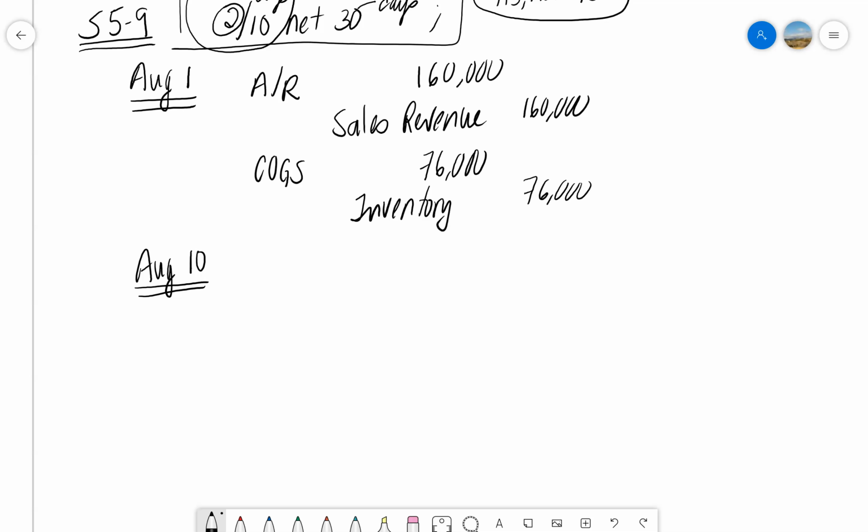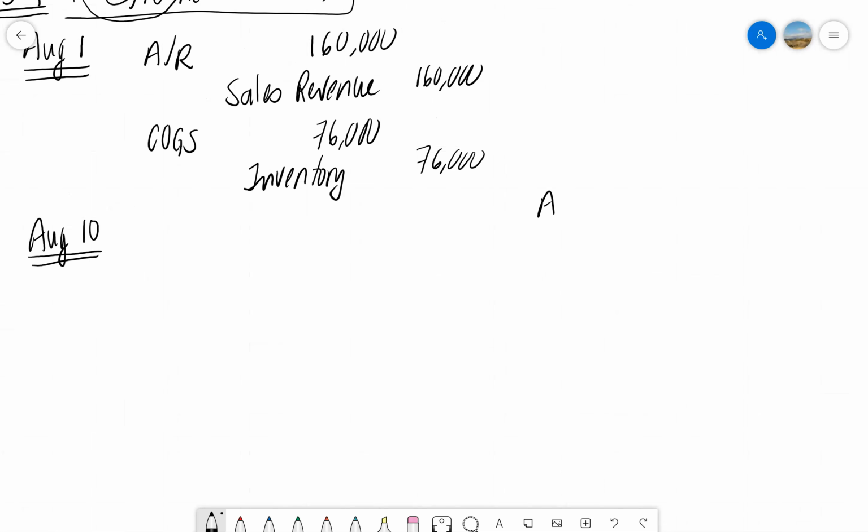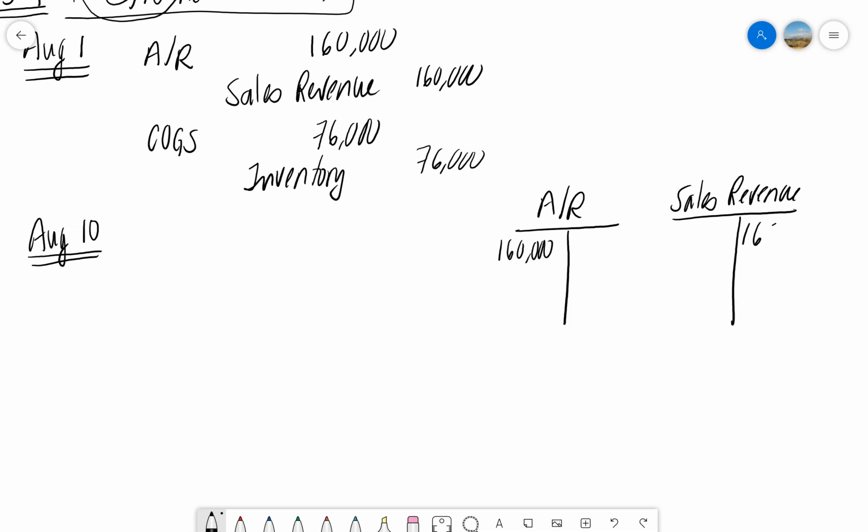I'm just going to draw some T accounts. We know that our accounts receivable is $160,000. We also know that our sales revenue is $160,000. So those are the two T accounts for our accounts receivable and our sales revenue.